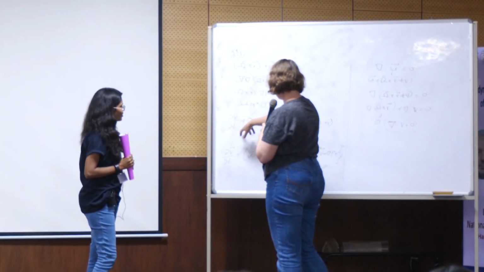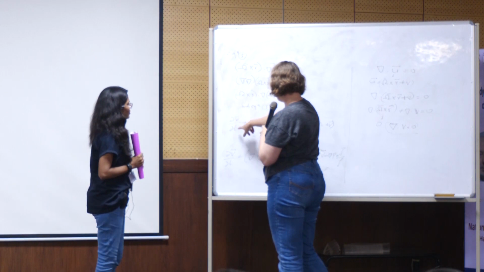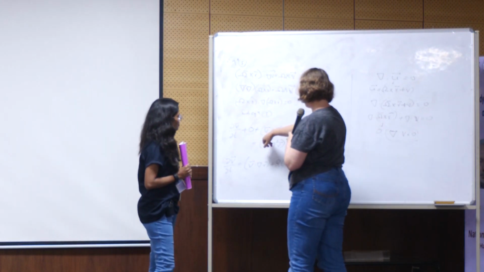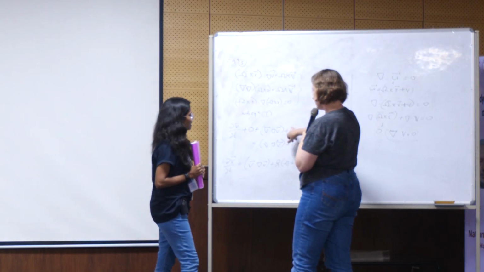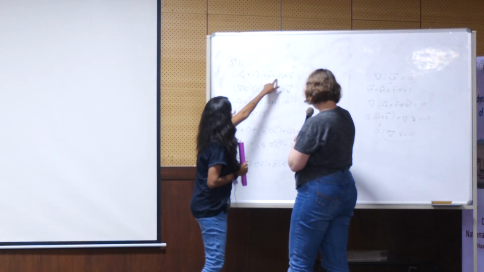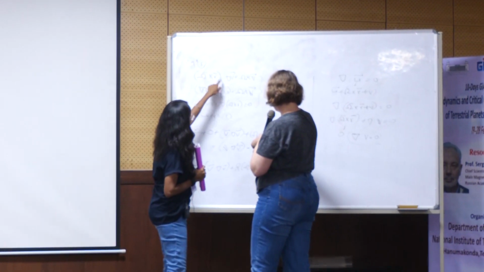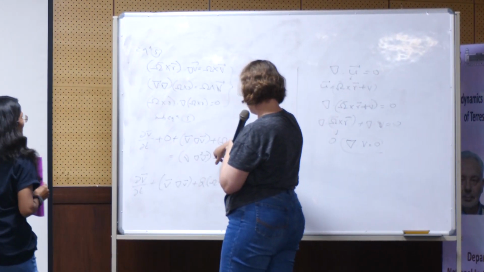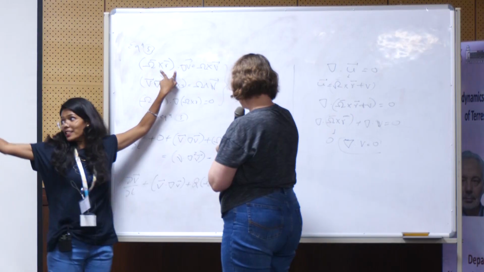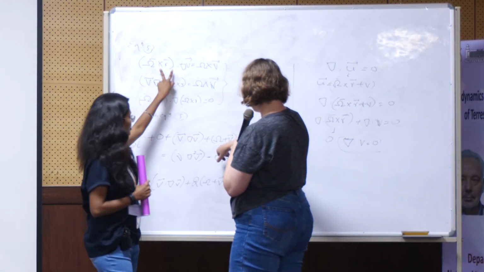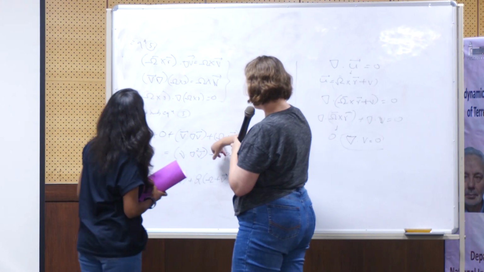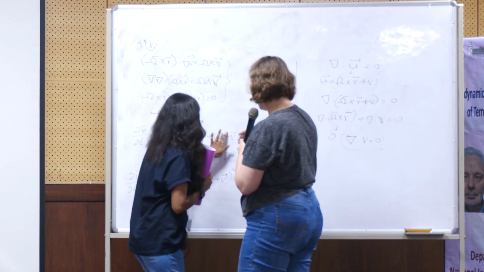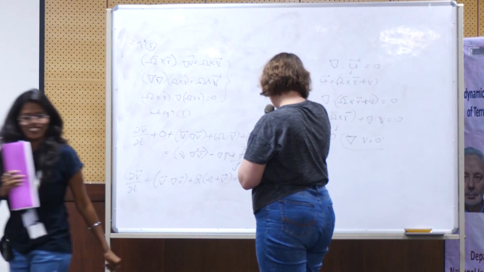So here we have dv over dt, here we have v dot delta v, and here something is off in the units. We substituted this equation in equation 5. This is from equation 5. Yes, I got it, but maybe it's not plus here, because omega cross v, yes, it's possible.